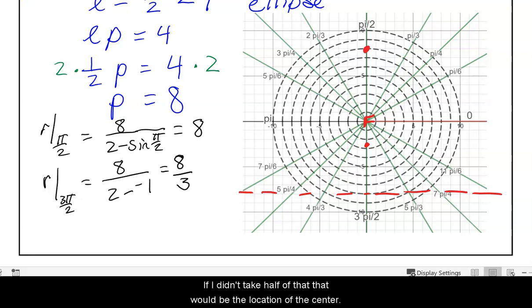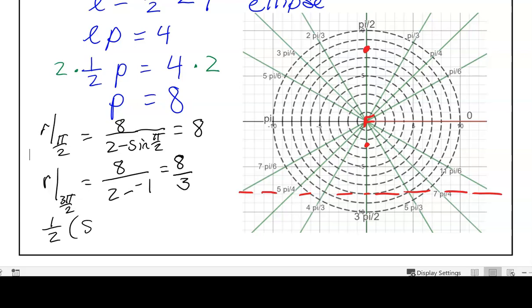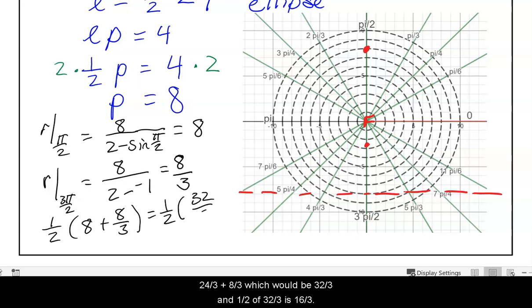If I then take half of that, that would be the location of the center. Half of 8 plus 8/3. That would be 24/3 plus 8/3, which would be 32/3. And half of 32/3 is 16/3.